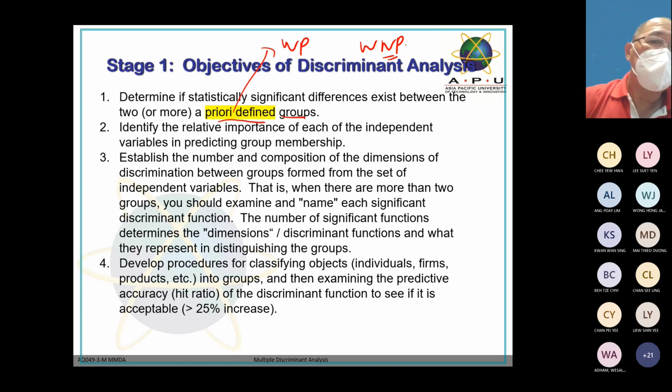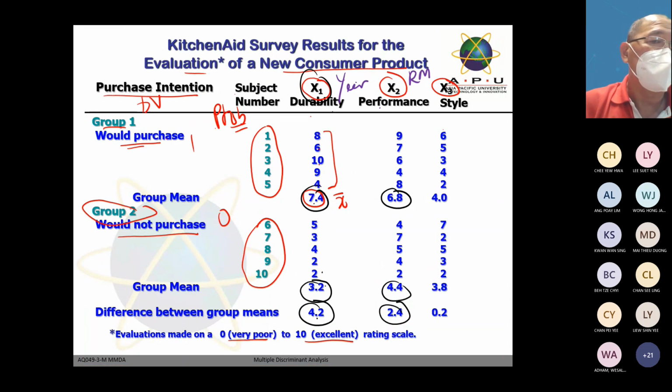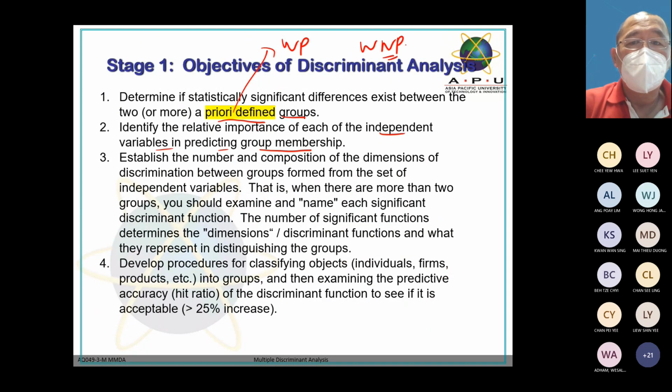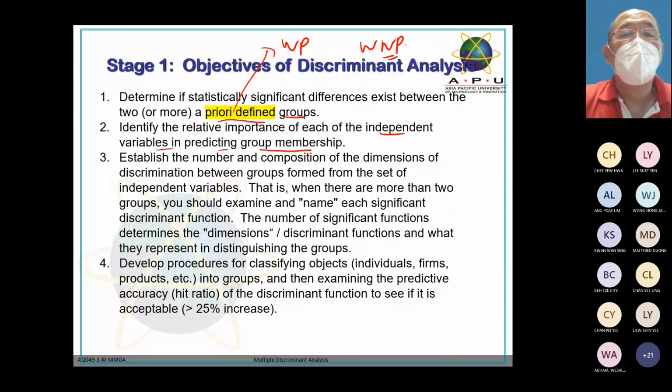Identify the relative importance of each of the independent variables in predicting the group membership. Group membership refers to the category would purchase or would not purchase. Then we see the relative importance, which means whether the discriminatory power is higher or lower.